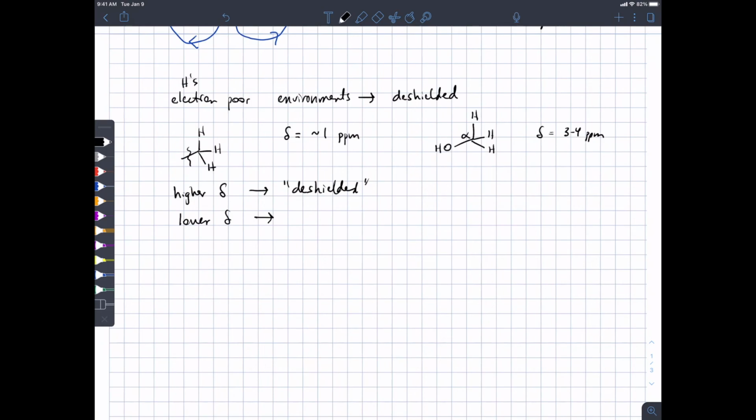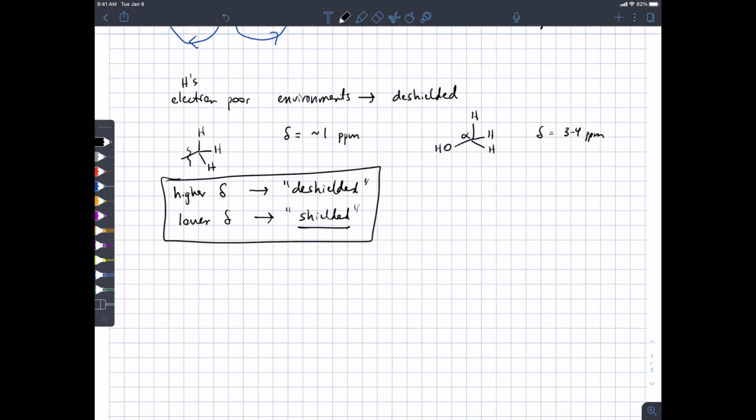I won't ask you questions about upfield versus downfield. Protons that have lower chemical shift are said to be de-shielded. I'm sorry, said to be shielded. Now I'm all over the place. What we've written here is correct. Shielded means lower chemical shift. De-shielded means higher chemical shift. I'm sorry for the confusion. It is written very clearly in your text, so if you're still confused after what I've said, just consult chapter 14 and it will tell you the way things really are.